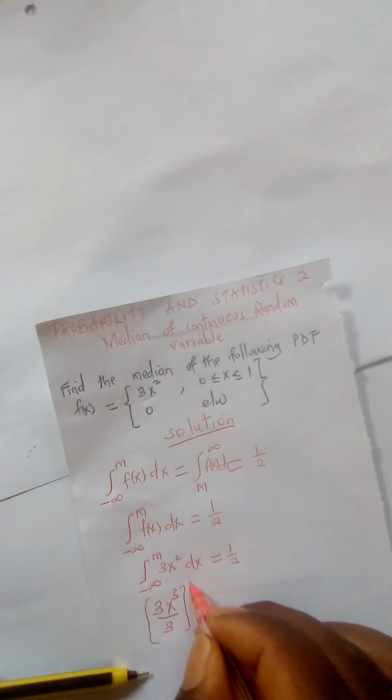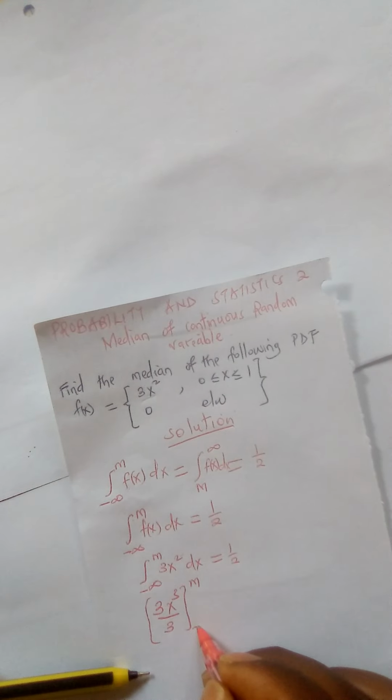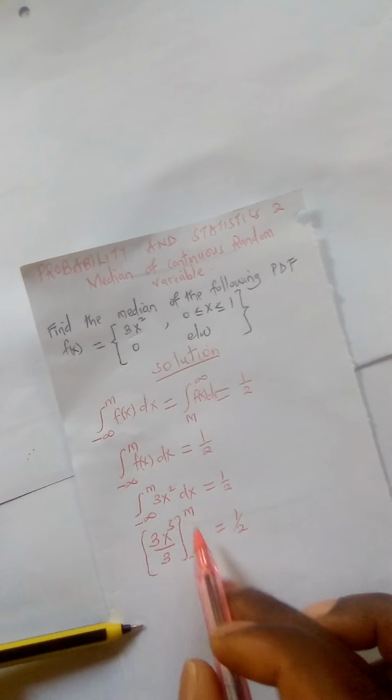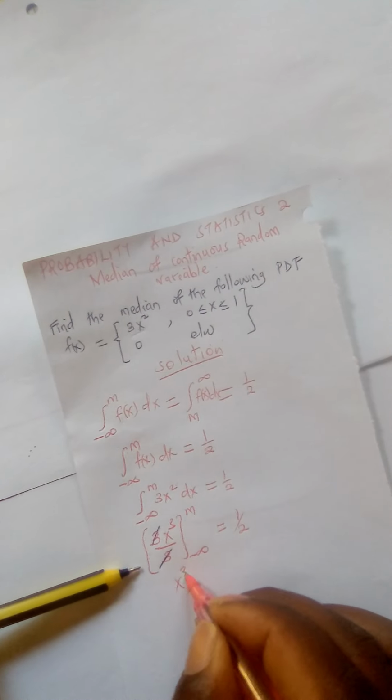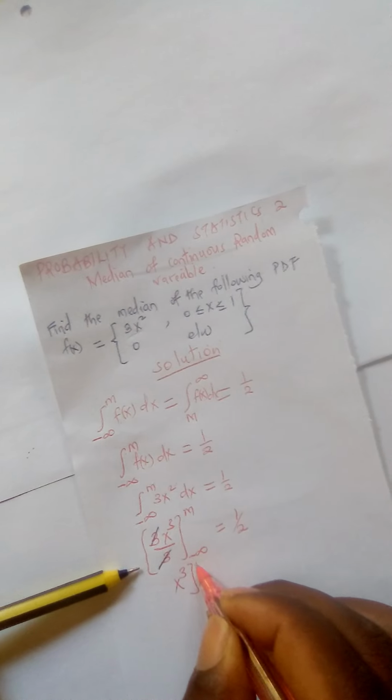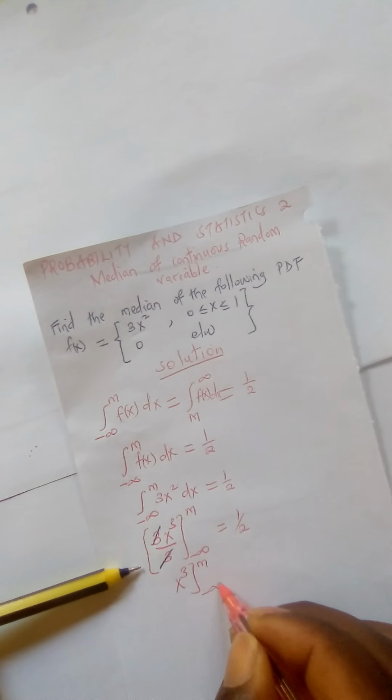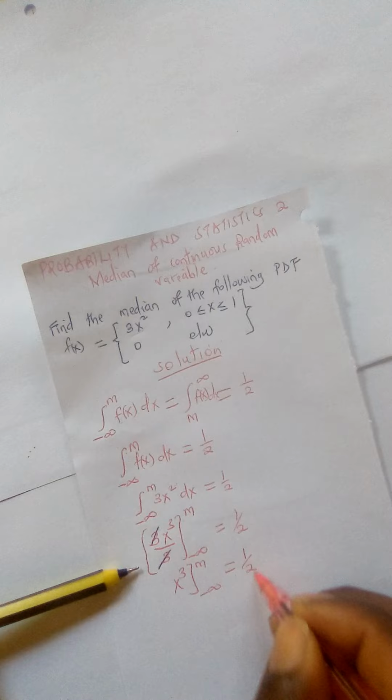But remember to write the limits. The upper limit was m, while the lower limit was negative infinity. The whole is giving us a half. Now you can see something very unique here, whereby these 3s can cancel, so that you remain with x cubed, with the same limits, negative infinity to m. The total is a half.